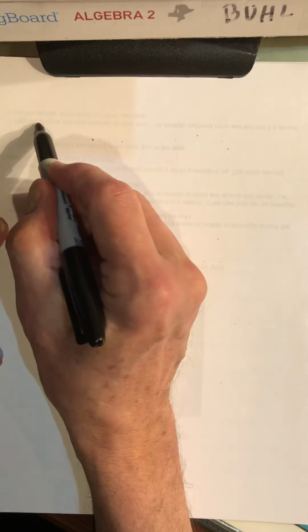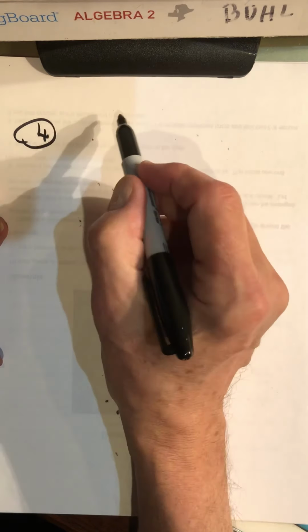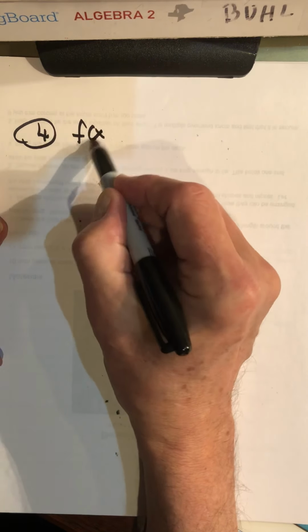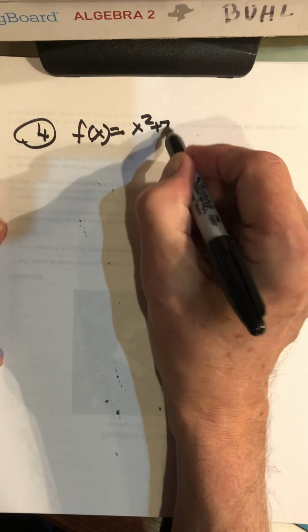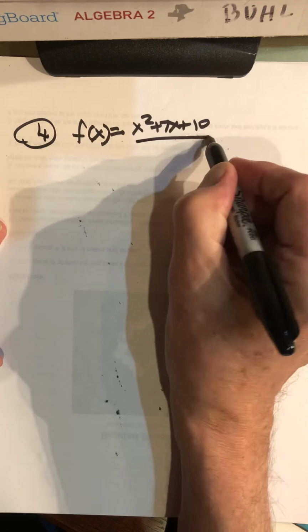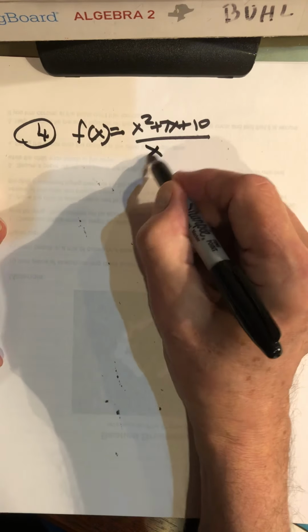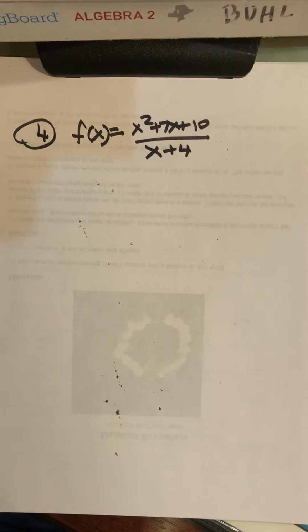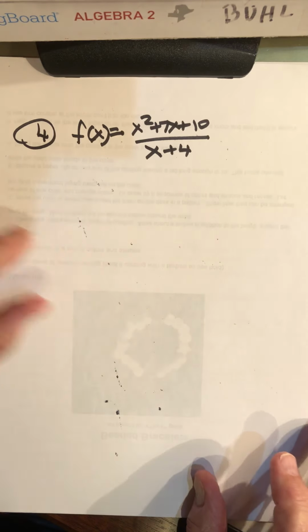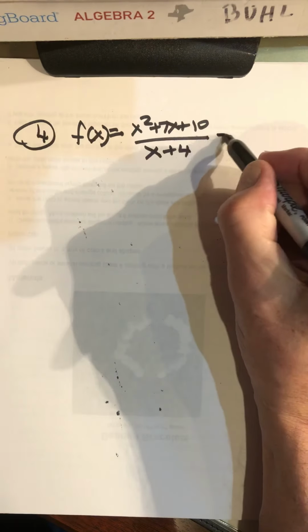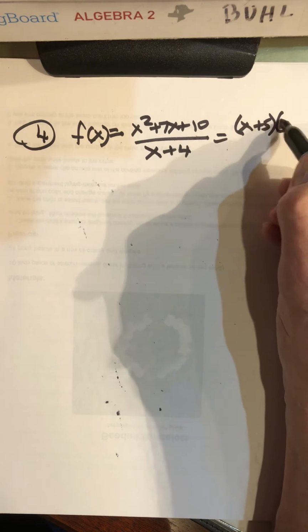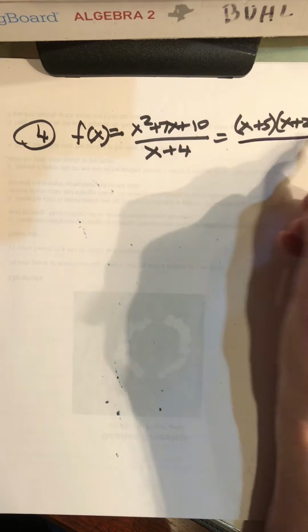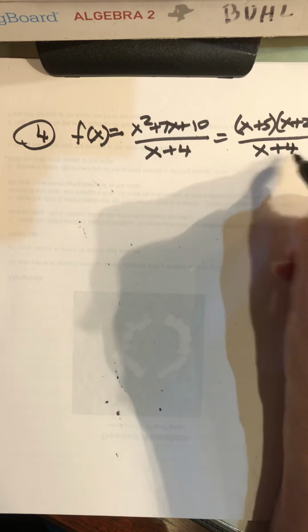Okay, let's do number 4. We'll do f of x equals x squared plus 7x plus 10 over x plus 4. Okay, well, to find the zeros, first of all, those are the values that make the numerator 0. Can I factor that? Well, yeah. This is actually x plus 5, x plus 2 over x plus 4, isn't it?